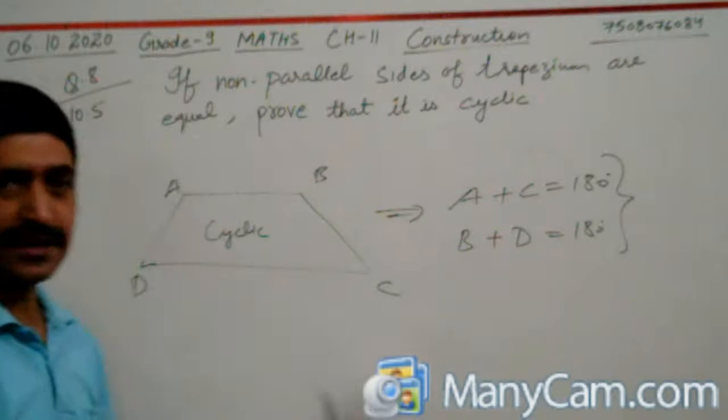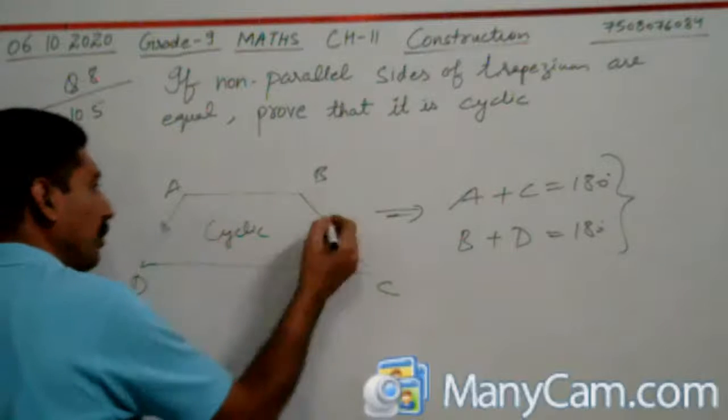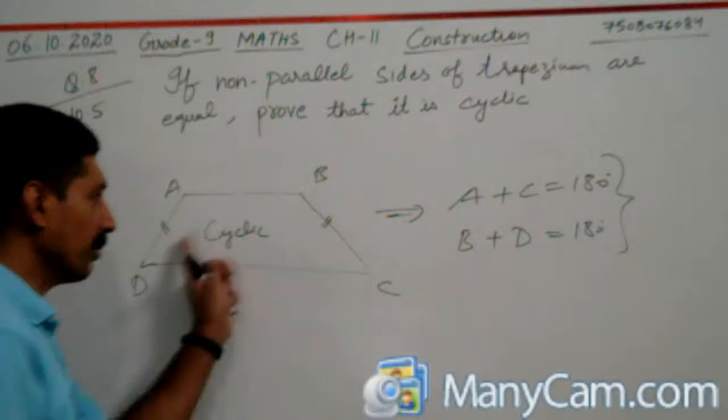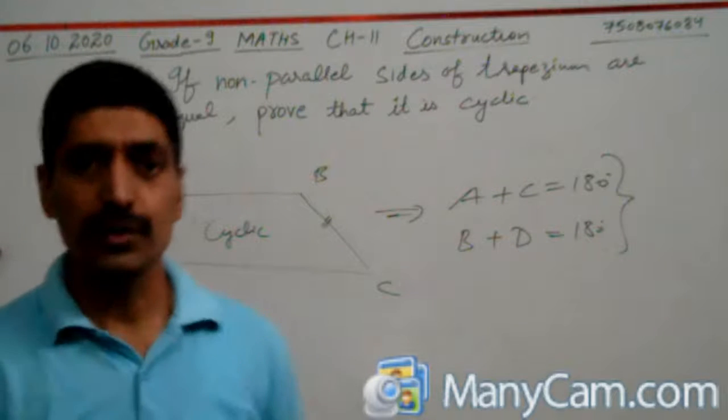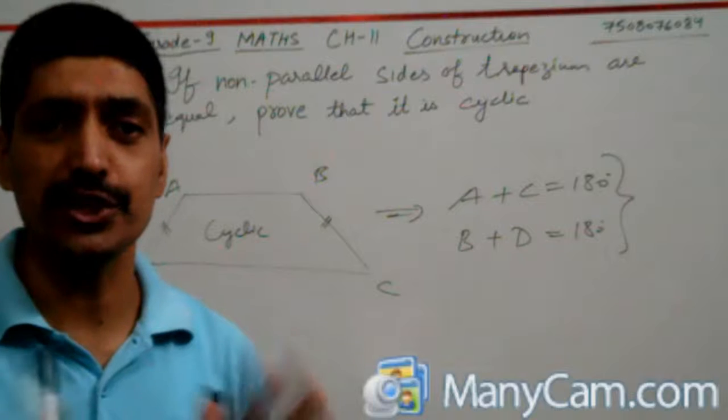So here in this question, we only have the statement that two sides are parallel and the non-parallel sides are equal. So we have studied that, that is our acquired knowledge.